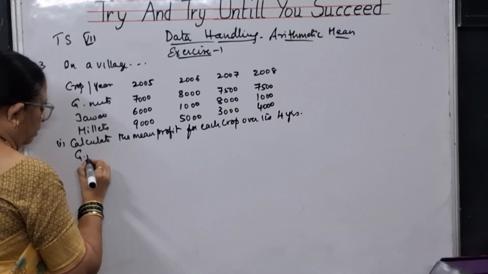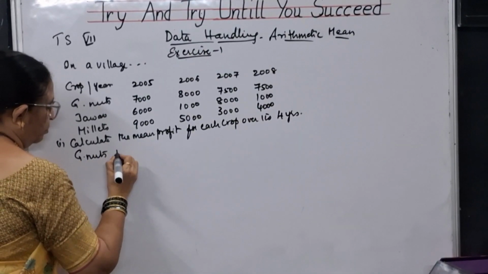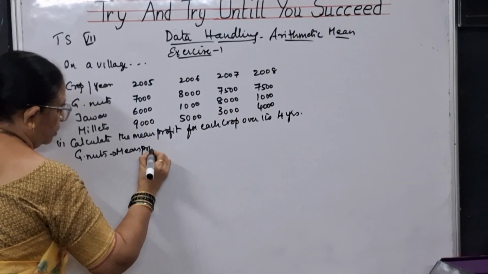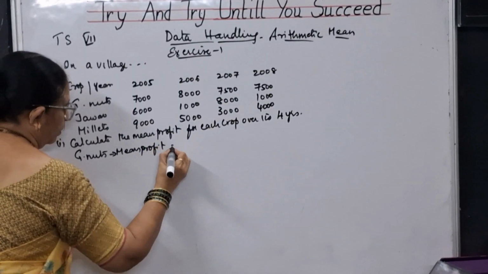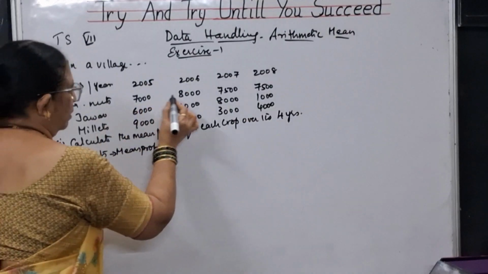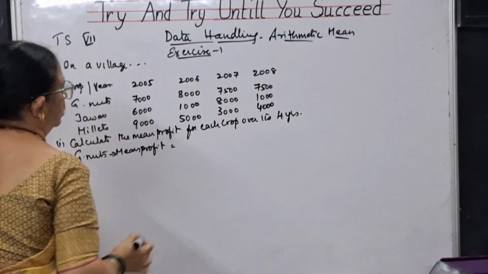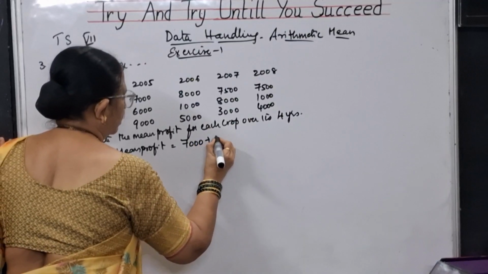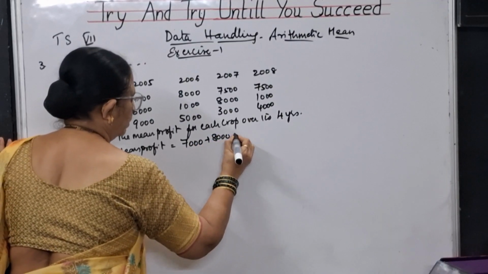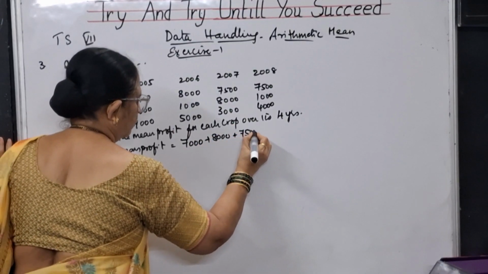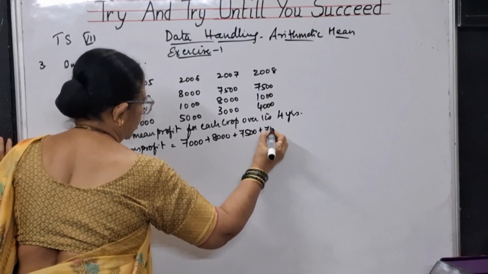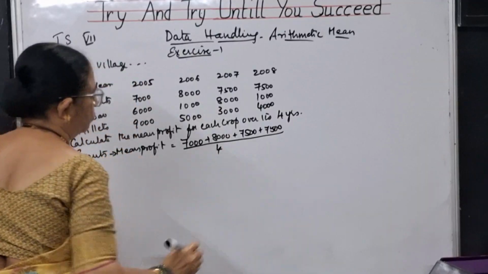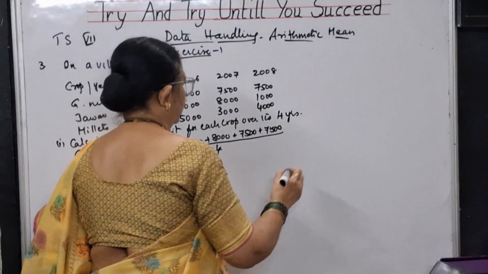First let us take groundnuts. Groundnuts mean profit is nothing but, see, these are all groundnuts for 4 different years: 7,000 plus 8,000 plus 7,500 plus 7,500, divided by 4.